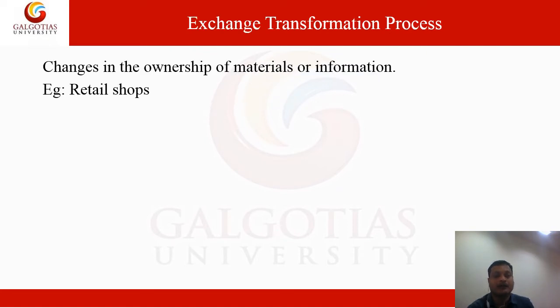In the exchange transformation process, suppose you go to a retail shop, pay 10 rupees and buy a soap. When you pay 10 rupees, the owner is changing the ownership of that particular material to you. So in the exchange transformation process, basically a change in the ownership of the material or information takes place.